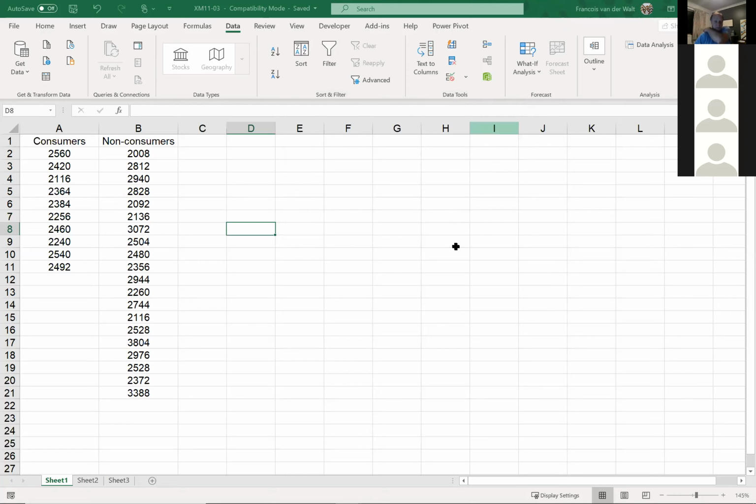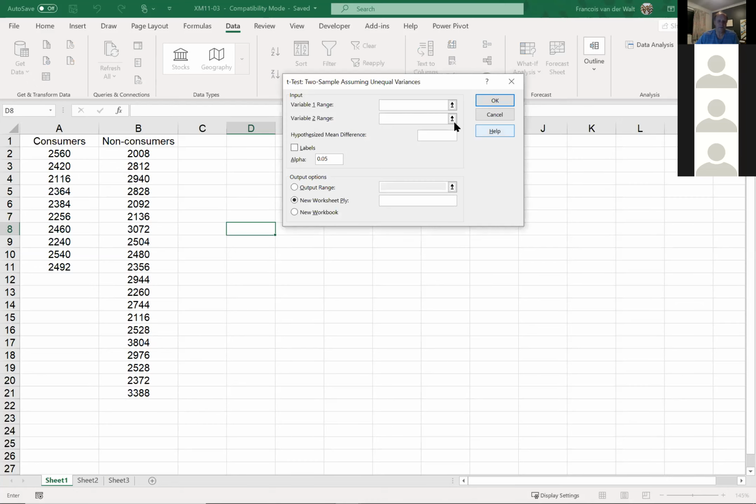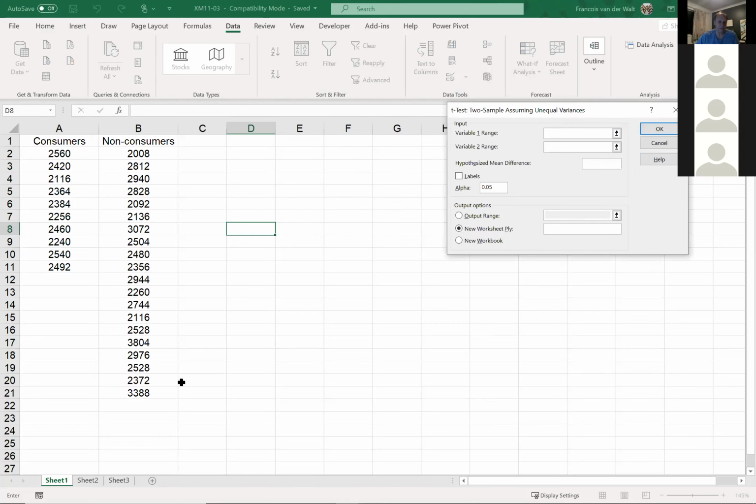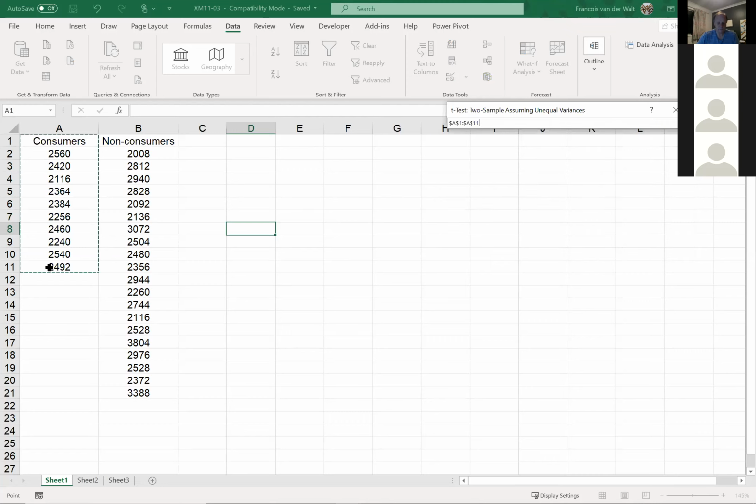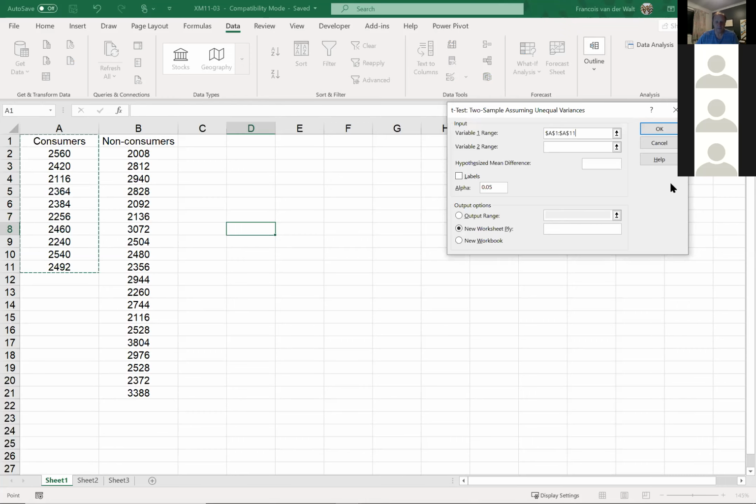If you do that in the exam, you'll win. Okay. So how come it's unequal variance again? Well, you can see here are two populations. There's no chance that they've got the same variance, is there? Yeah. Okay. So highlight the first plot. Highlight the second plot.